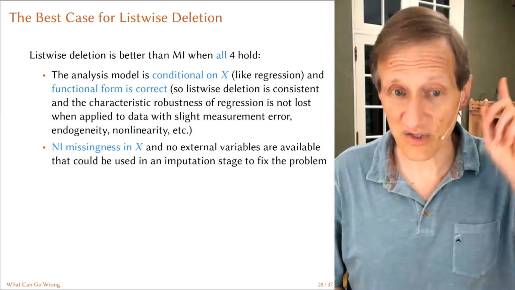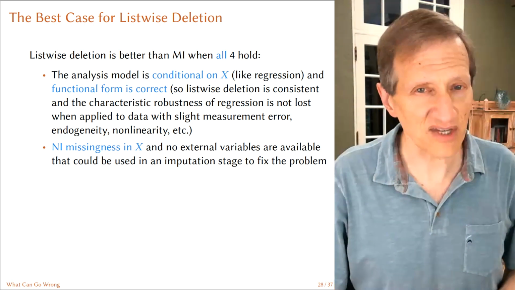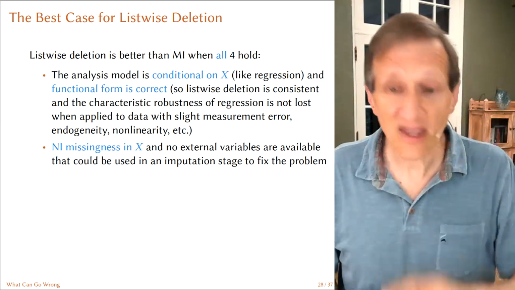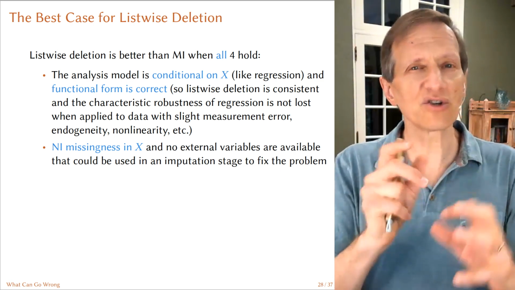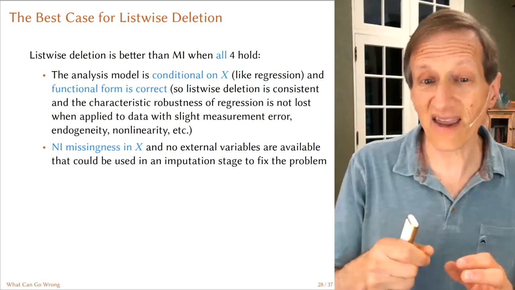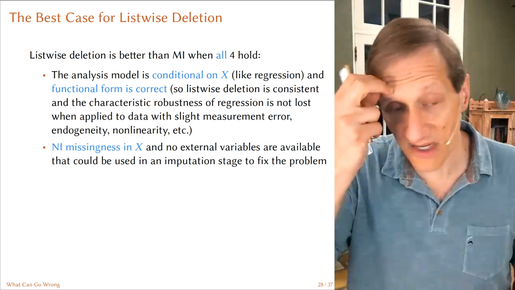Second condition is there's non-ignorable missingness in X. Now, you wouldn't know that, of course, but you might be able to theorize about it. And there are no external variables available in your data set that you could bring in to fix the non-ignorability problem.